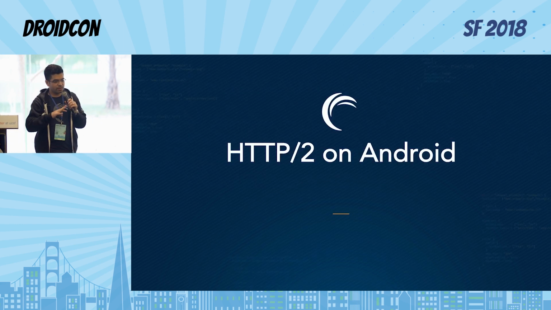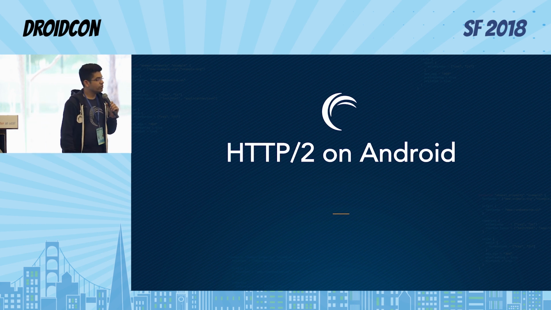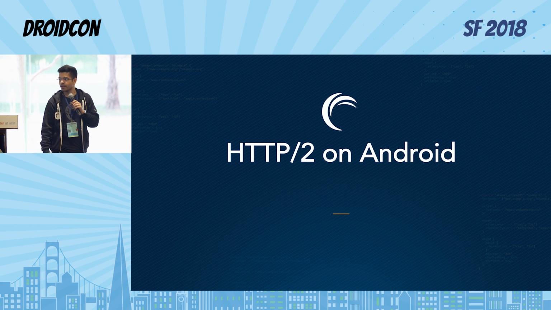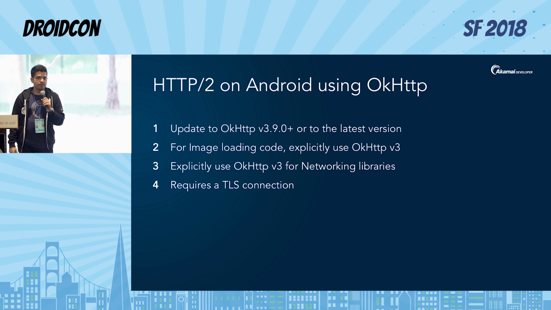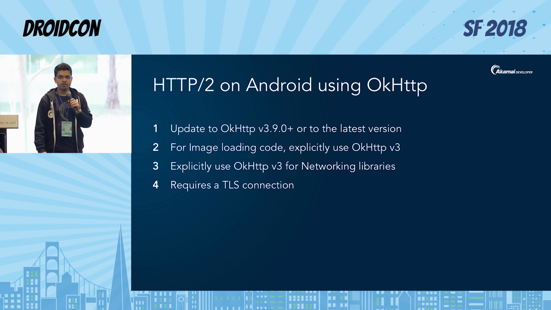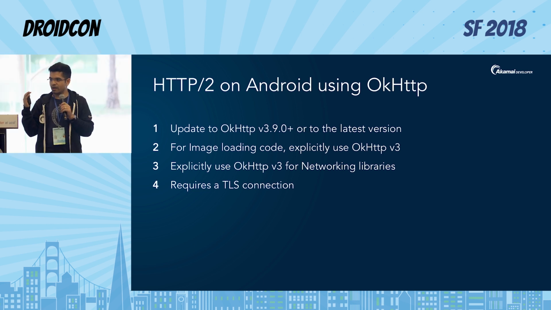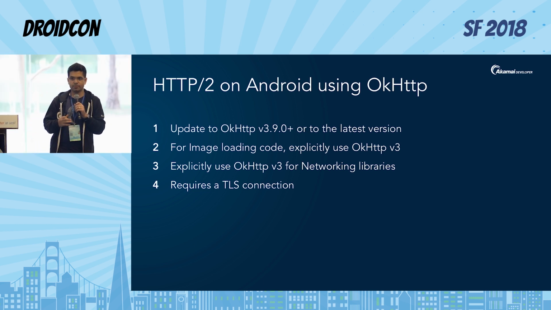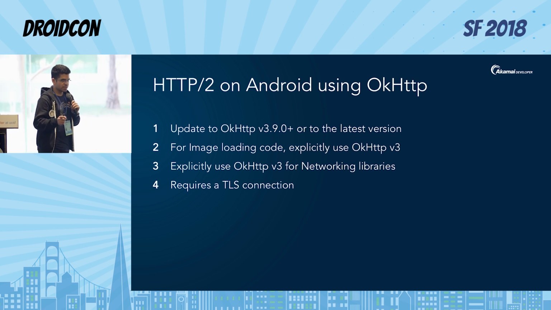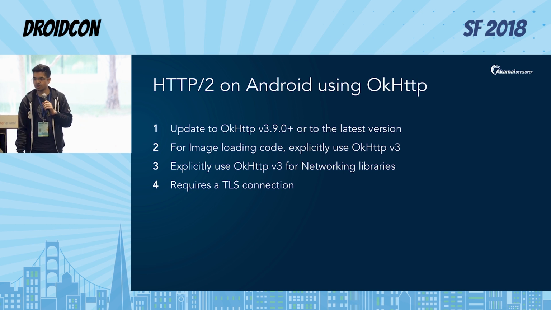Now, once you're done on the backend servers, what do you need to do to support HTTP 2 on Android? Easiest: upgrade your OkHttp dependencies to 3.9.0 or above. OkHttp above this version supports HTTP 2 by default. There are some caveats, and we'll discuss them in this talk.